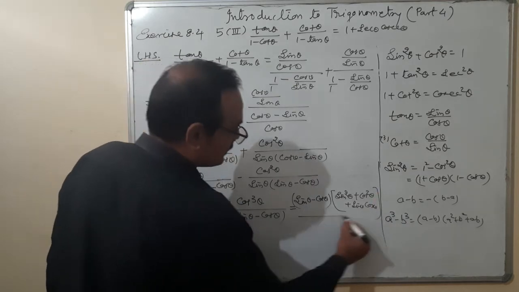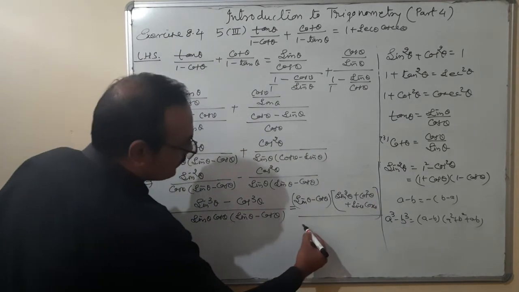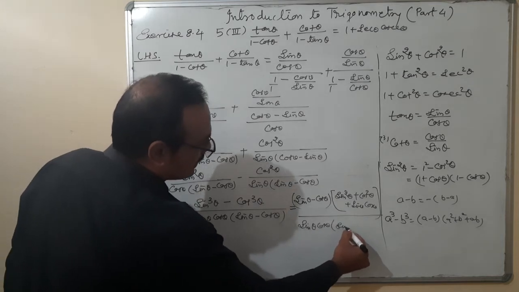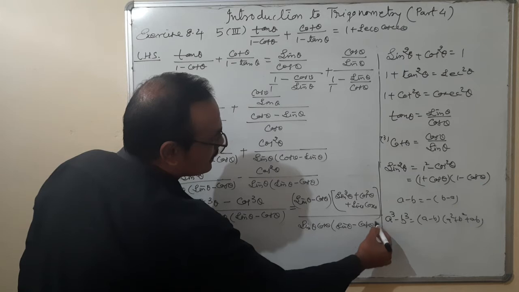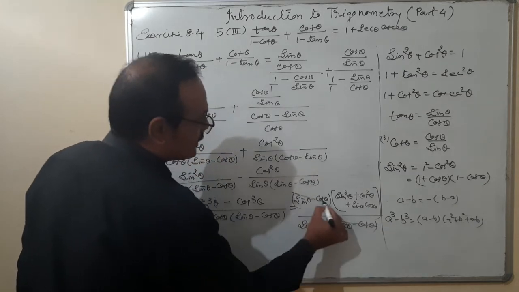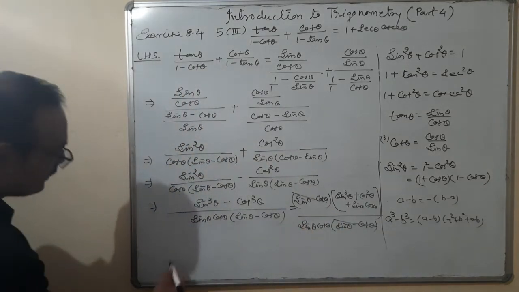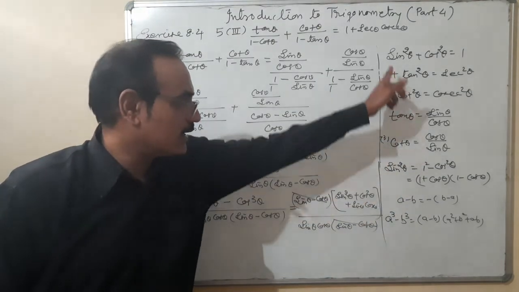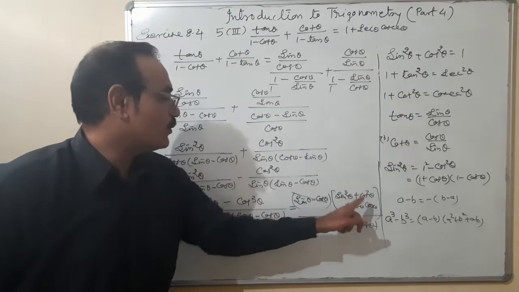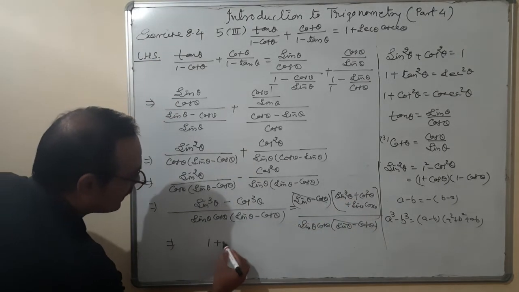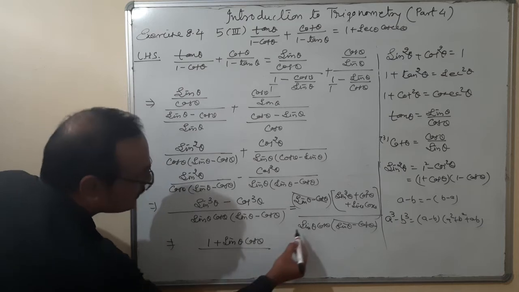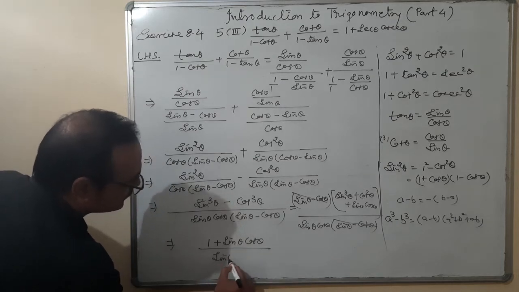This is the expansion of it upon sin theta cos theta and sin theta minus cos theta. Sin theta minus cos theta is cancelled. After that, sin square theta plus cos square theta, the identity says it is 1. So 1 plus sin theta cos theta upon sin theta cos theta.